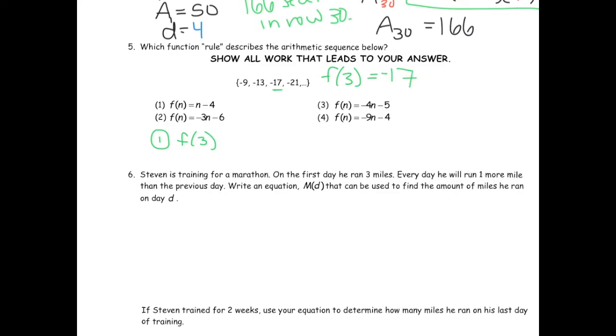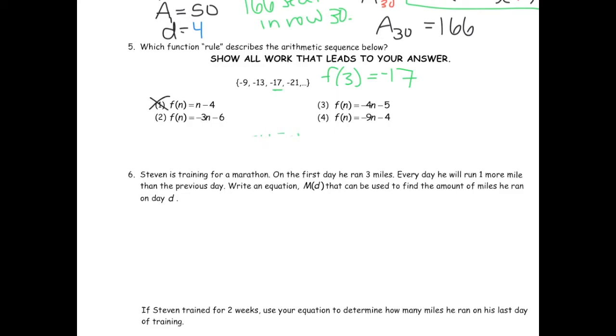Okay, so if I plug in 3 to my function, I plugged in a 3 wherever I saw n, for the third position, and I get negative 1. Does that match up? Is the third number in the list negative 1? Nope.